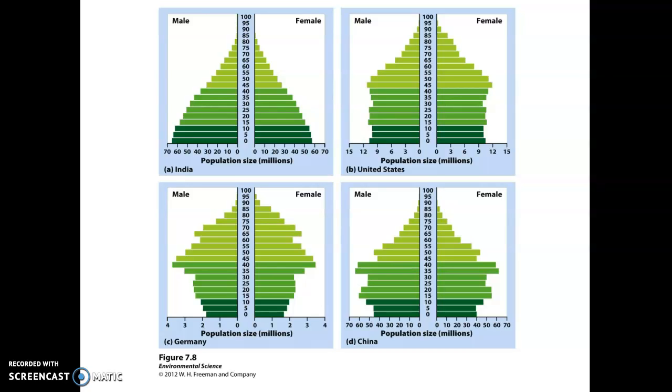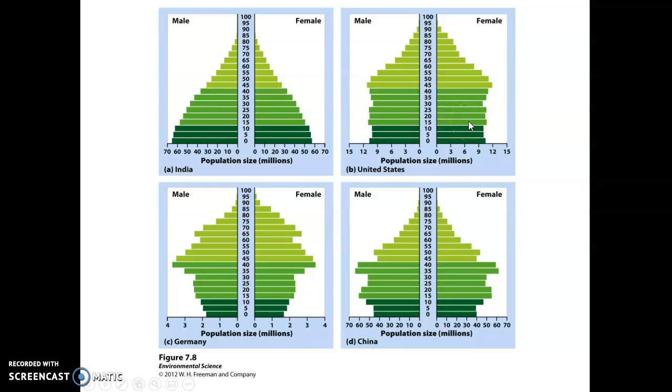Now over here we have the population of the United States in millions. Again, males on the left, females on the right. Again, the 3 age groups, pre-reproductive, reproductive, and post. And you can see that the shape of this diagram is closer to what I would call a house with a roof, so narrowing as you get to the post-reproductive years, and pretty steady between the pre-reproductive and reproductive years.